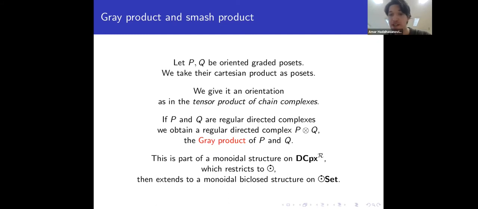And then we extend this along colimits to all presheaves on atoms. And this gives us a monoidal biclosed structure on the category of diagrammatic sets. I say biclosed because this product is actually not a symmetric product. It's non-symmetric.